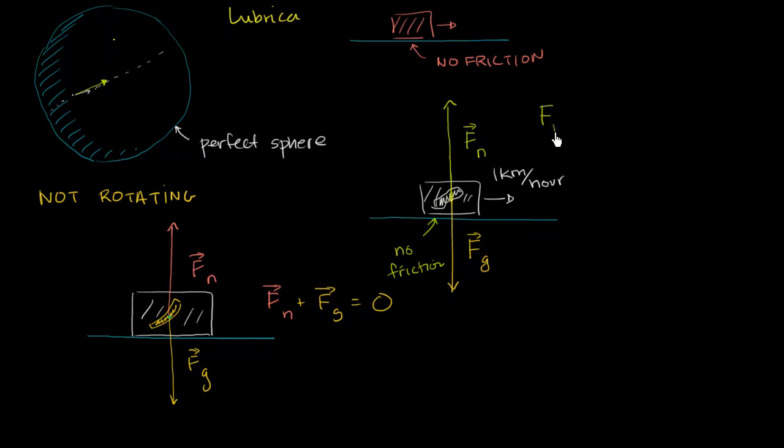If the normal force plus the force of gravity equaled 0, then we would have absolutely no net force, and the object would not accelerate in any direction. An object in motion will stay in motion. So if it had no net force acting on it, it would not stay on the surface of the planet.